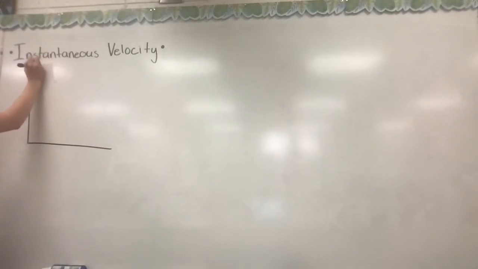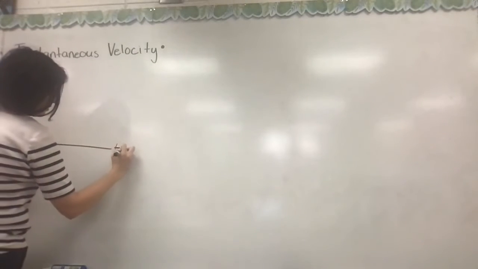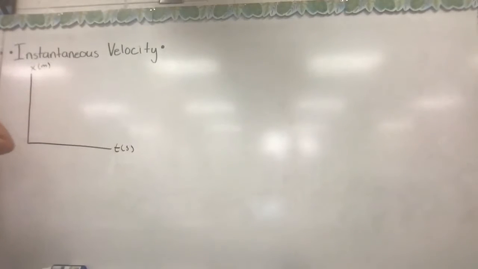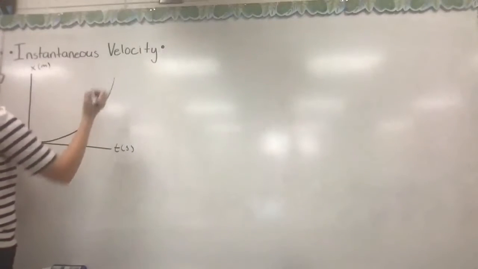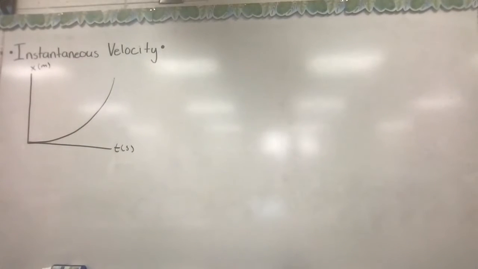So let's look at a little example. Nothing starts out with constant velocity. This is a slightly better example of what velocity might look like. When we did constant velocity, what did the line look like?